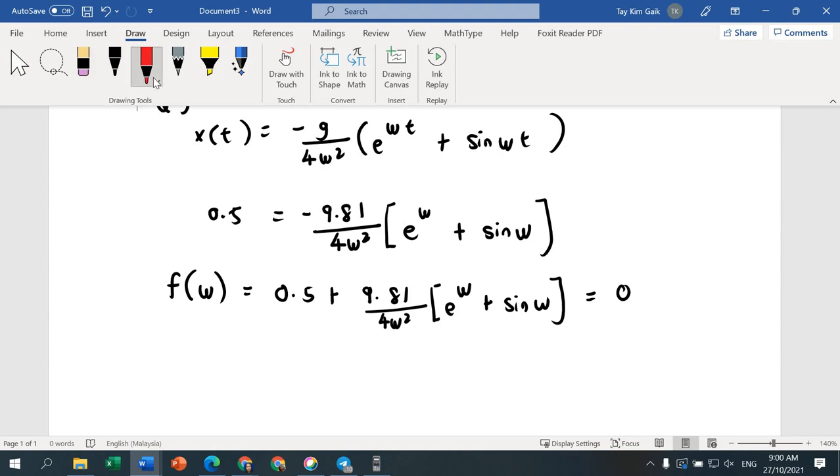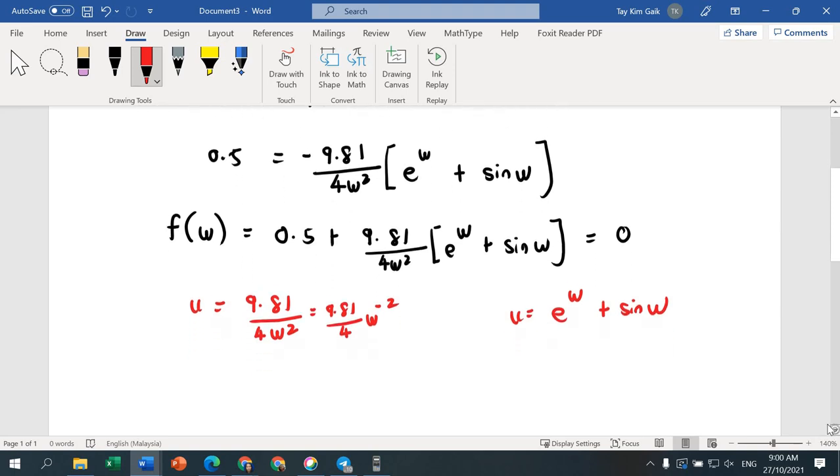The u is 9.81 divided by 4 omega squared, which is 9.81 over 4 times omega to the negative 2. The v is exponent omega plus sin omega.